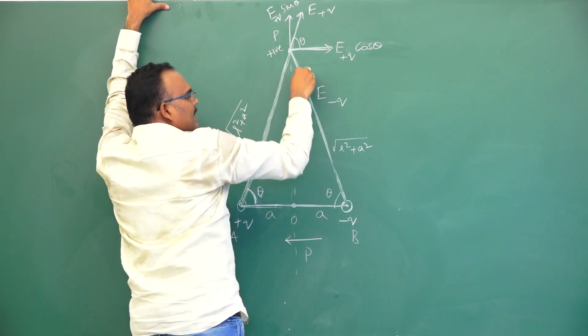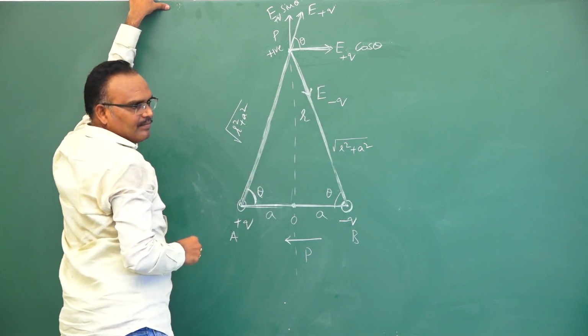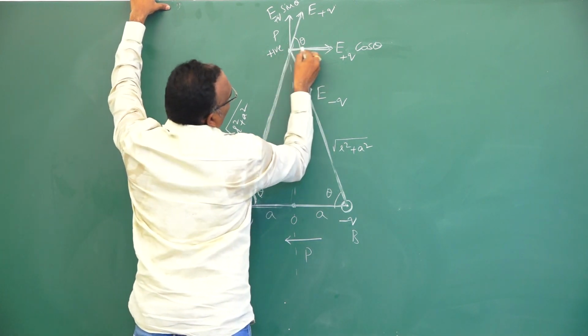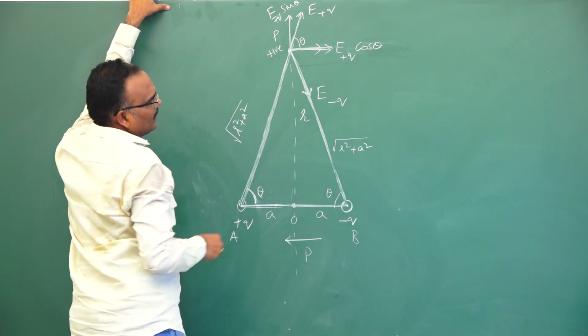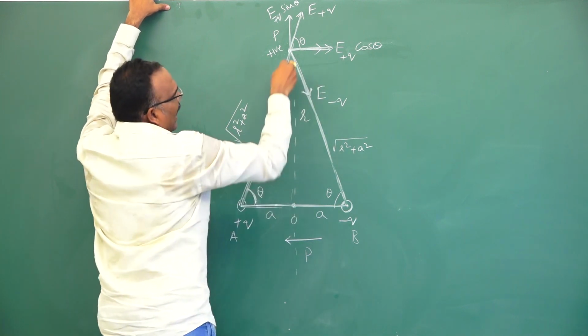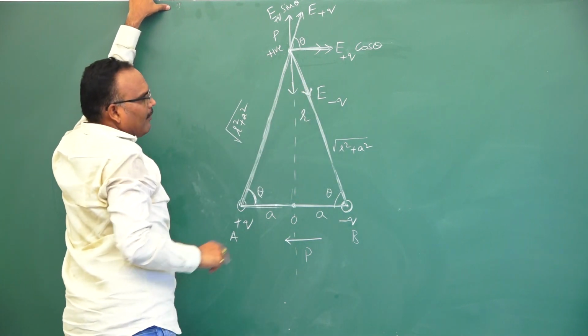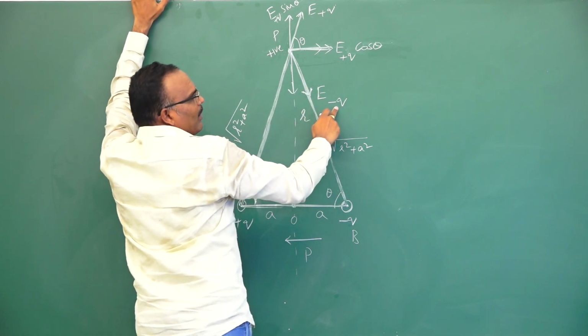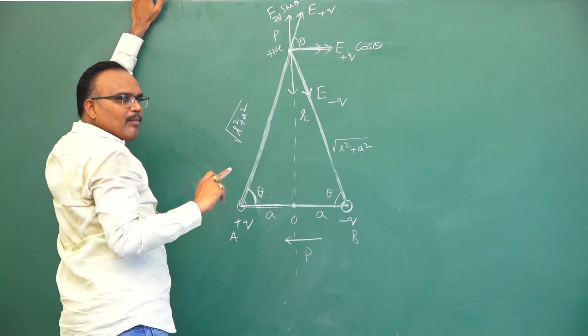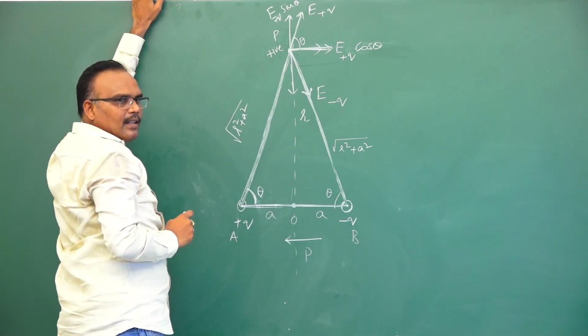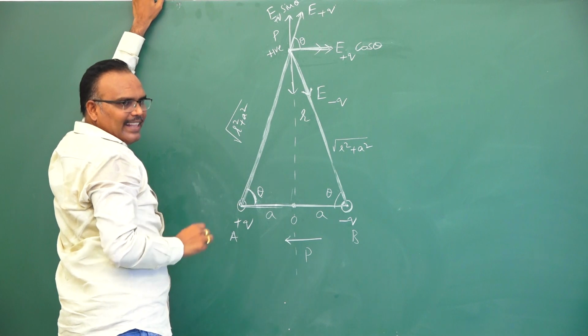Now I have to resolve this E minus Q into two components. One is along the dipole axis, and another one is like this. When you resolve E minus Q, you will get E minus Q cos theta and E minus Q sin theta. That naming I can give only by knowing the angle.